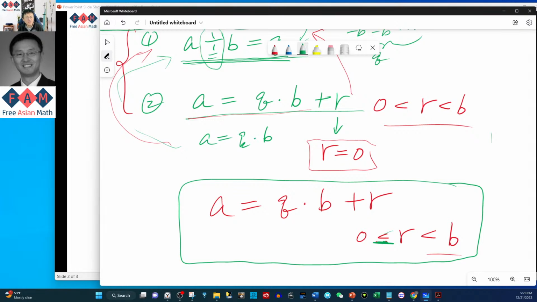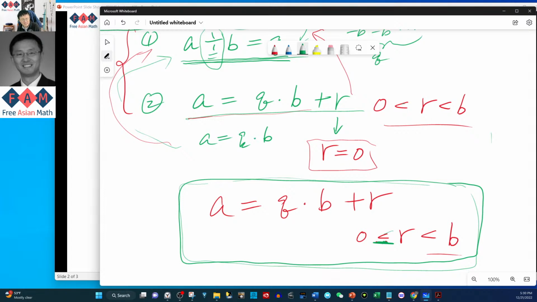So now we unify case 1 and case 2 into this general expression, A equals Q times B plus some remainder, but this remainder can be 0.